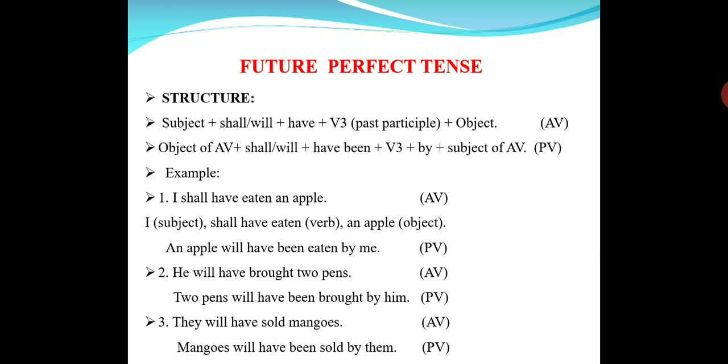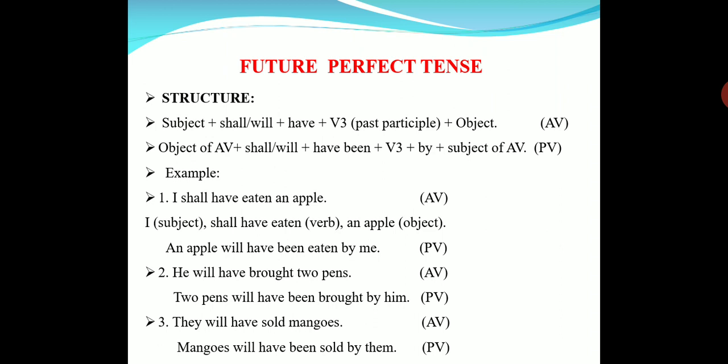Now let us recapitulate. From active to passive voice. When the subject is active, we call it active voice. When the subject is passive, we call it passive voice. And there are 6 rules we have to remember while changing from active to passive. First one is dividing them into subject, main verb and object.